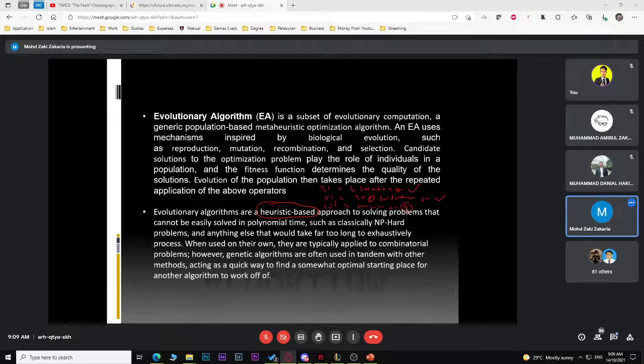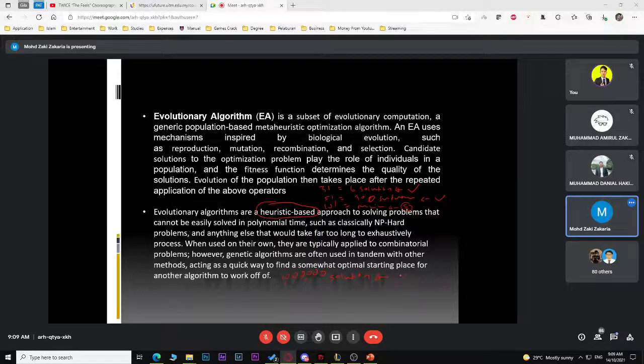For example, if we have millions of solutions, for example 1 million, it is not practical to evaluate every single solution.